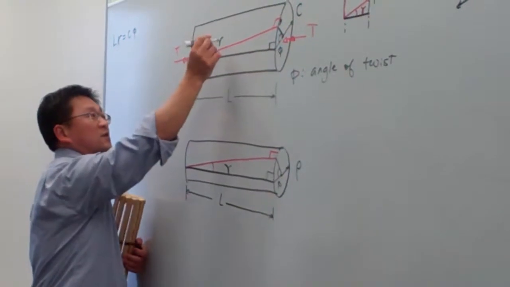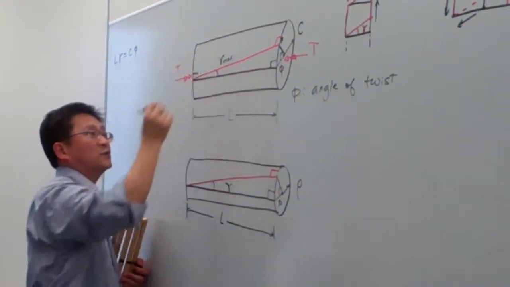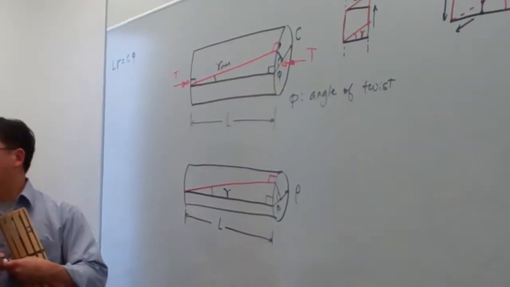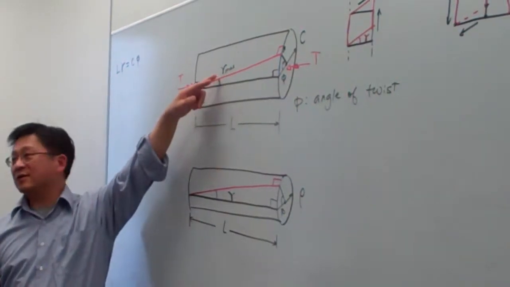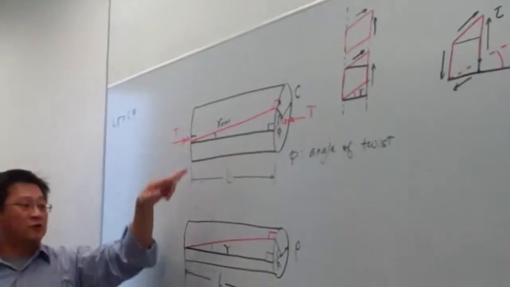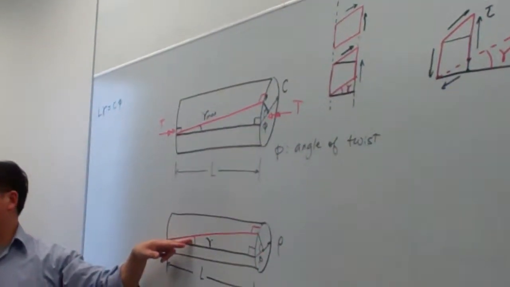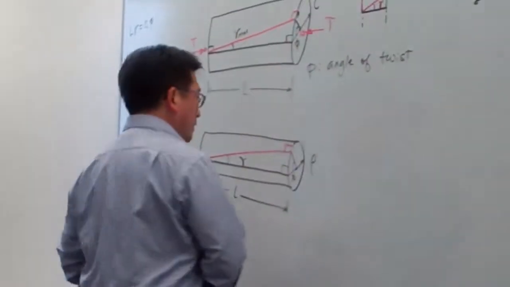And to make it distinguishable, I add one more subscript here, gamma max. I'm going to explain why I put the subscript max here. But I just want to make the point that the two angles shouldn't be the same. They are different. Okay. So for this case, the same thing.